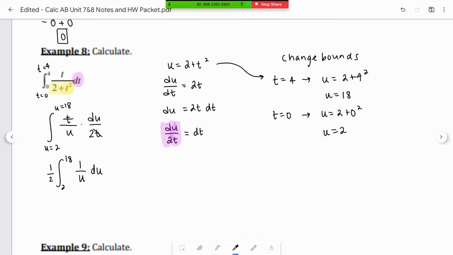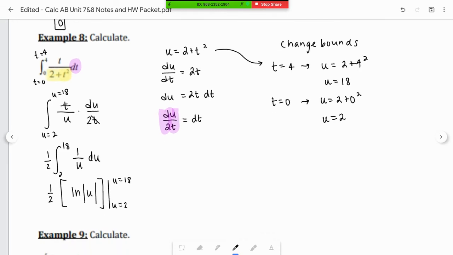So remember that the antiderivative of 1 over u is the natural log of the absolute value of u. So we have 1/2, and then it's going to be times that antiderivative, so natural log of the absolute value of u, but we're evaluating that from u equals 2 to u equals 18.